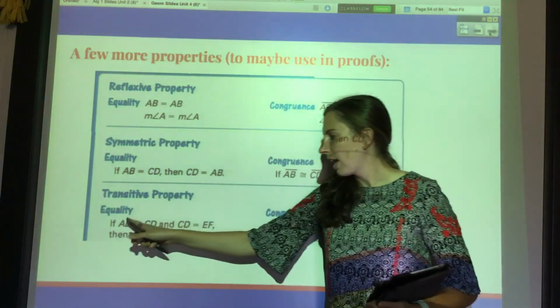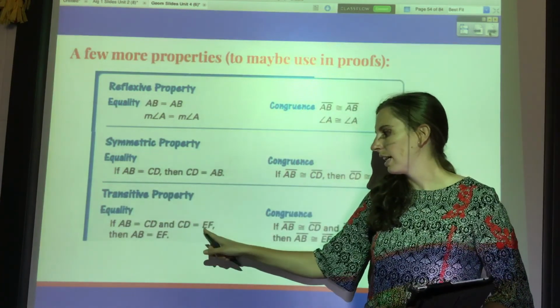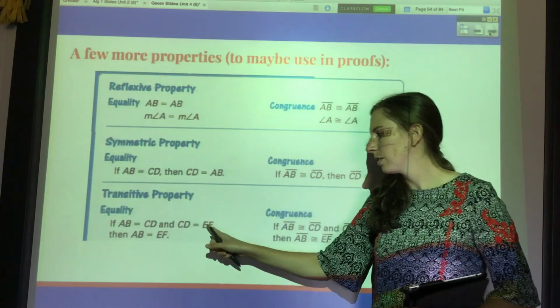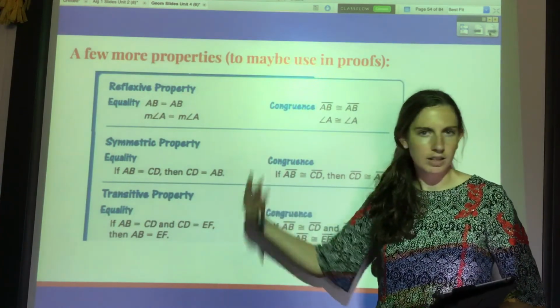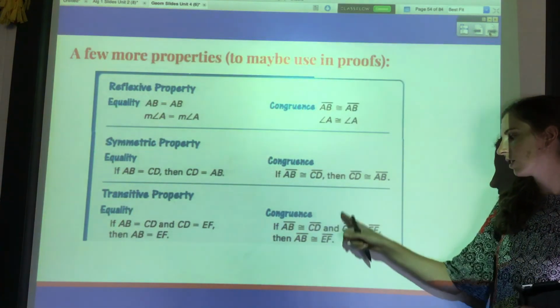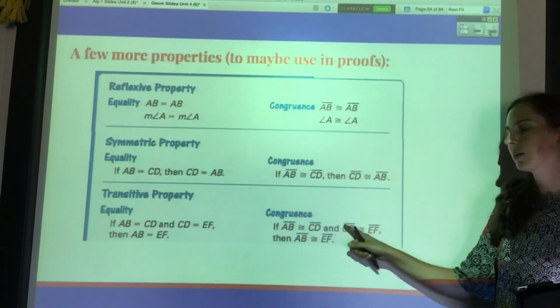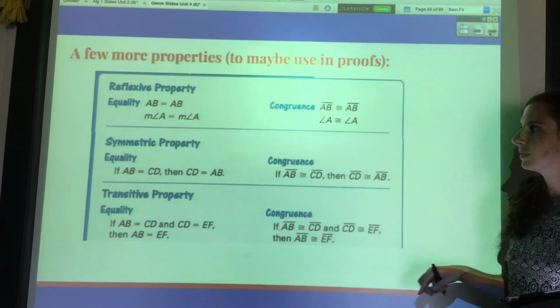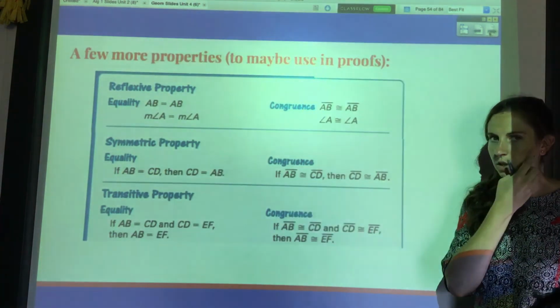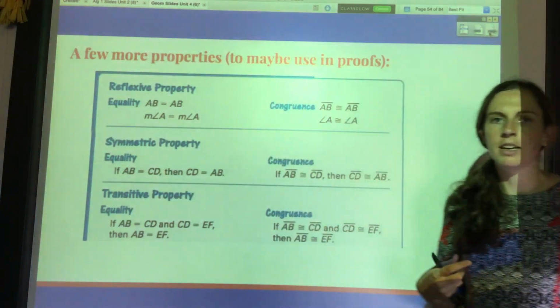Like if AB equals CD and CD equals EF, then I know that AB also equals EF. Like they're just all the same. Or if AB is congruent to CD, CD is congruent to EF, then AB is also congruent to EF, and you can skip the middleman. So these are three properties that you might use in proofs every now and then. Mostly the reflexive property is one that you'll see in these proofs.